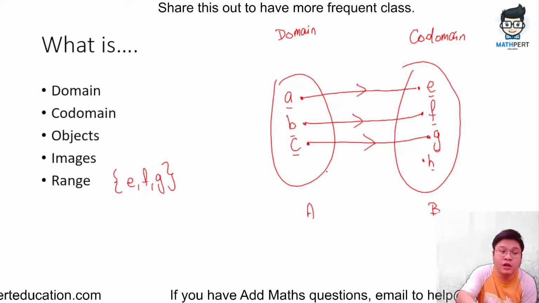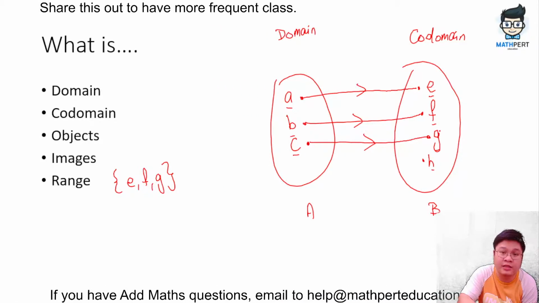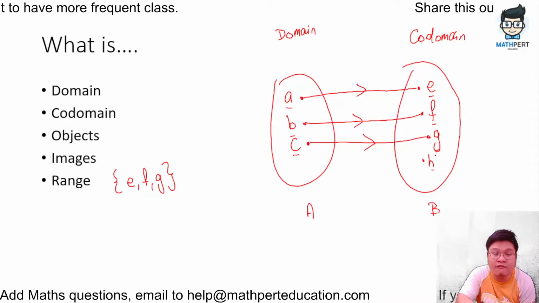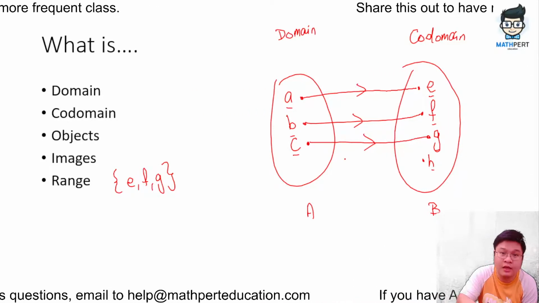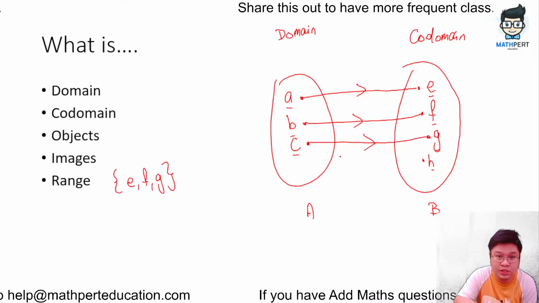Because these images E, F, G have an object in the domain. If it does not have an object in the domain, it is not included in the range.